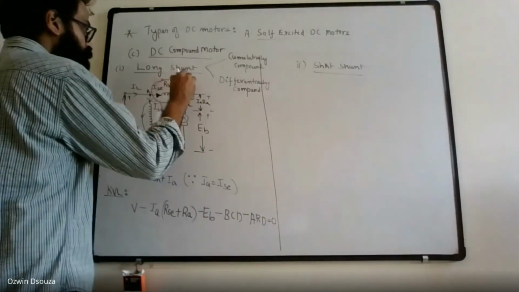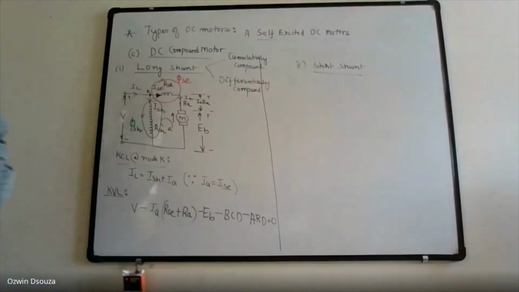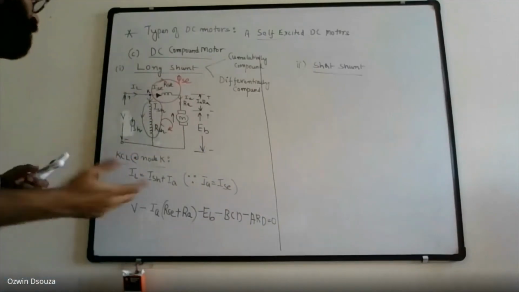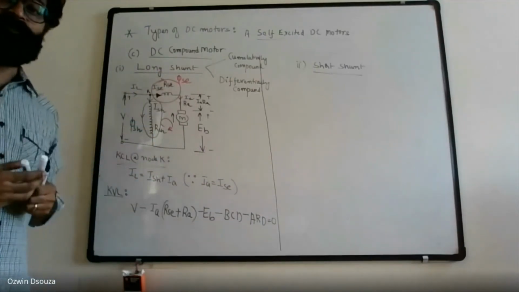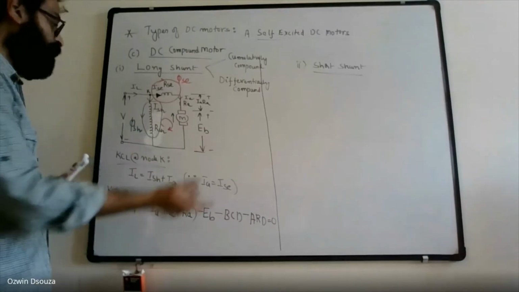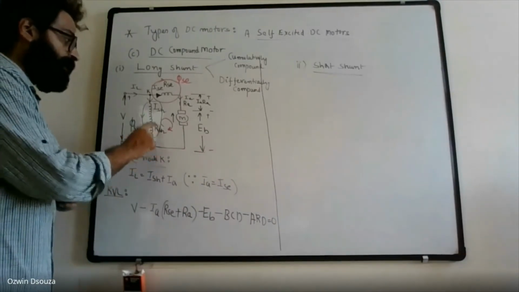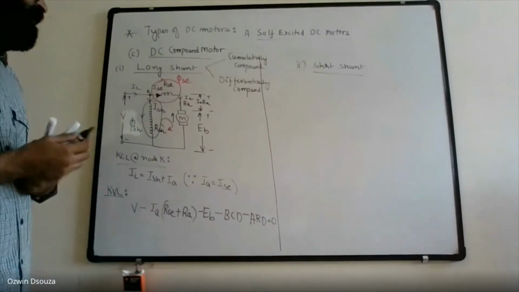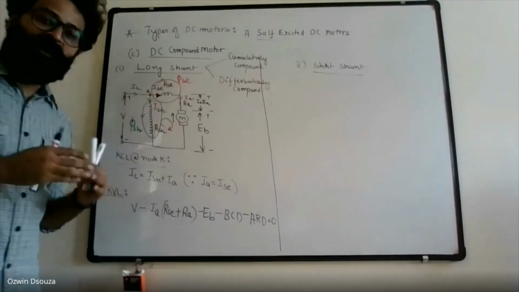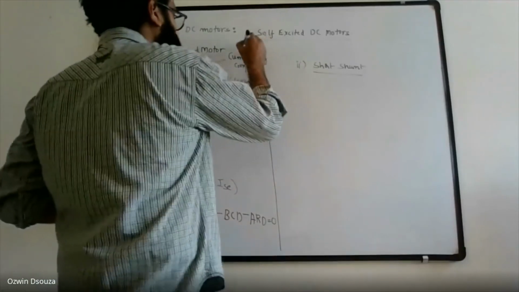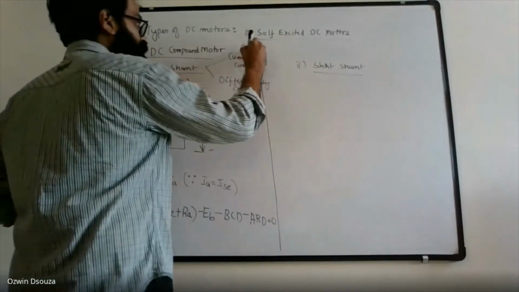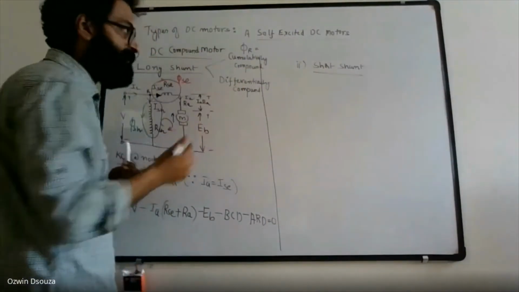In case of compound motor, due to the presence of two fields, you will have two different fluxes or two different magnetic fields. One magnetic field is due to the shunt current, and the second is due to the series current. Depending upon the winding placement, you can have accumulation of flux. Let phi r be the resultant flux.